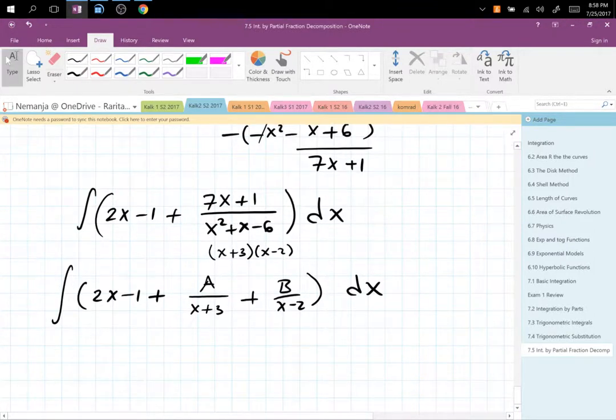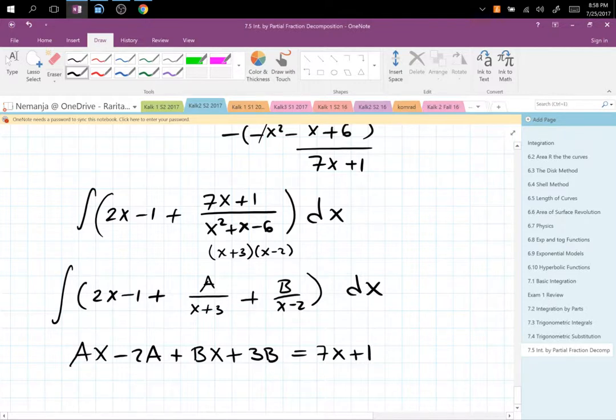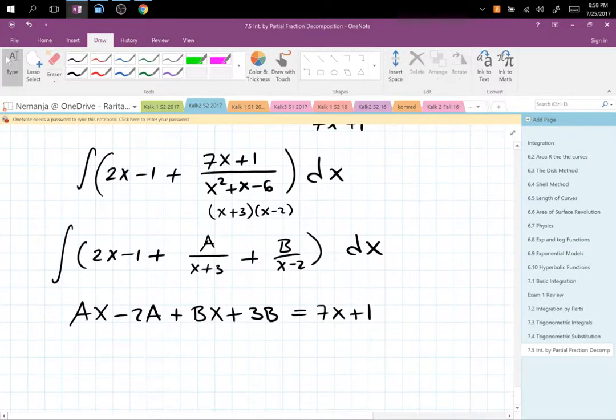So we have to solve this. Cross multiply. Ax minus 2A plus Bx plus 3B equal to 7x plus 1. So this is partial fractions now. A plus B is 7, and negative 2A plus 3B is 1.